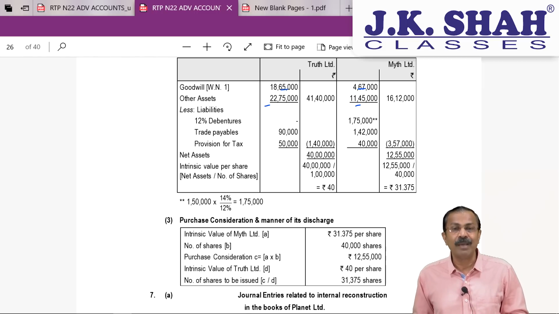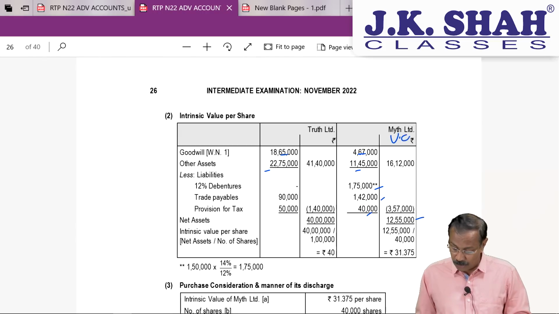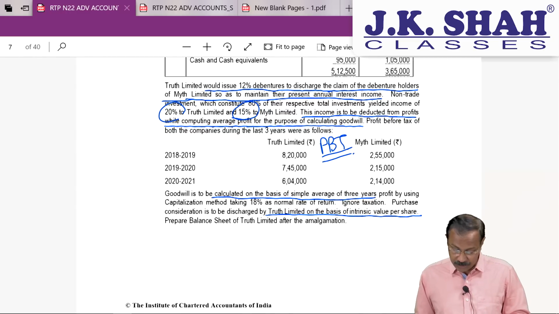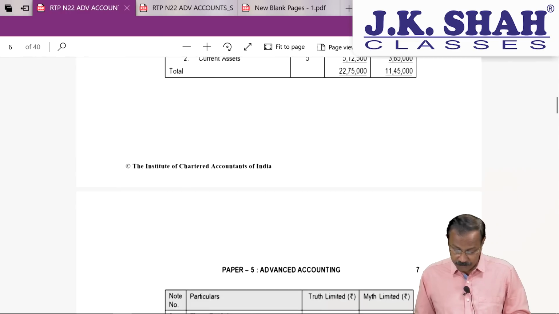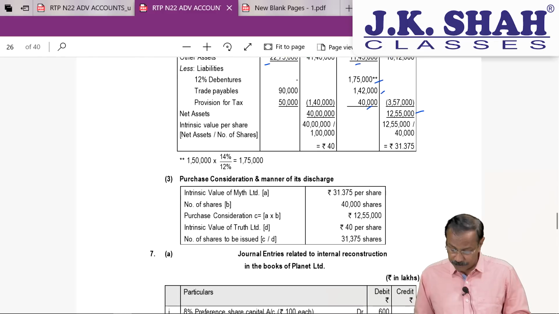If revised value is available, revised value, otherwise book value, remember. See, debentures, revised value. Trade payables, provision for tax, this is your net assets. Remember, this is your vendor company. Truth Limited is your purchasing company now. We have already discussed that. Myth is vendor company, Truth is purchasing company.